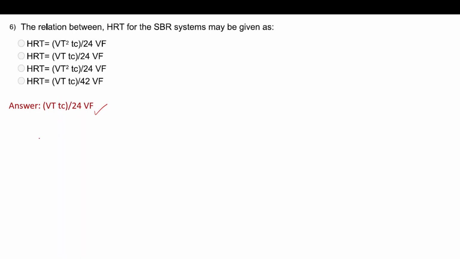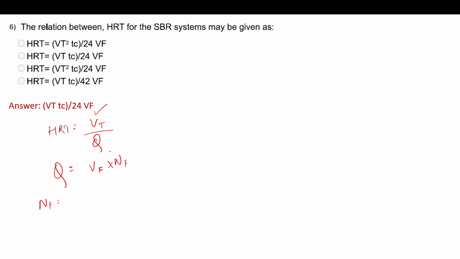Okay, so how do you derive it? So VT is the total volume fed divided by Q, and this Q is nothing but the volume of the wastewater which is fed in one cycle into number of cycles, NF.